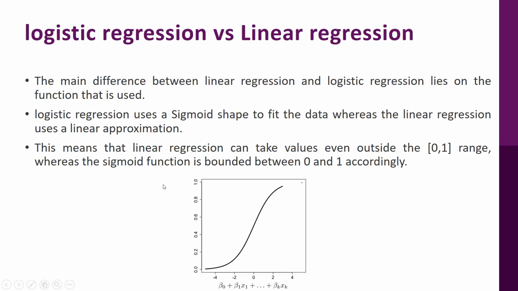However, the linear regression can take values outside the 0-1 range, and that's why it won't fit with the logistic regression outputs. Therefore, in order to capture that, you can use a sigmoid function.